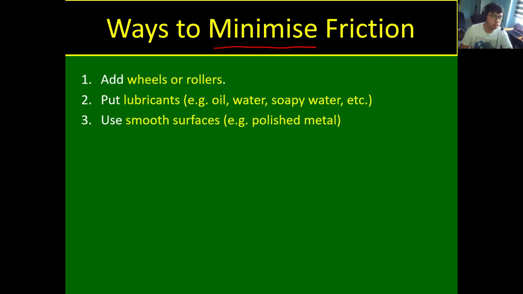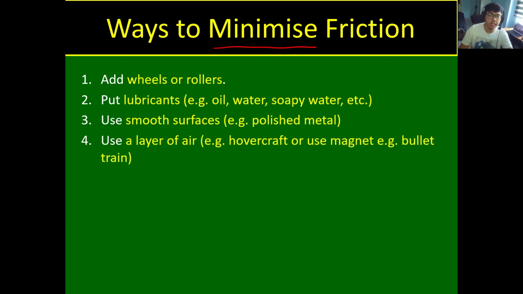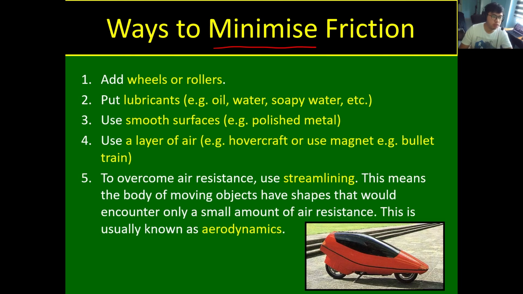You can use smooth surfaces like polished metals or ice, or you can use a layer of air, or you can use something that's called streamlining. So streamlining is basically you change the shape of the object so that it can cut through the air very easily. So you can see this car here, the shape is so that it can move fast and cut through the air. And this is something that is also called aerodynamics.